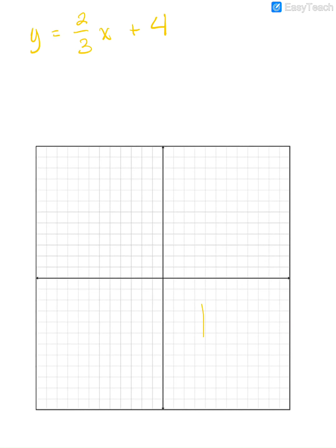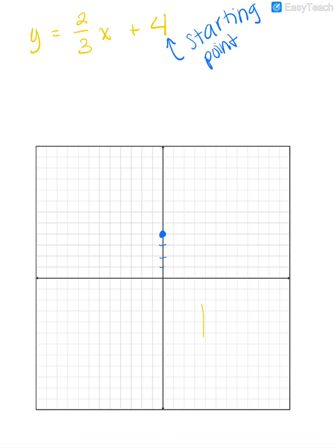It is also our y-intercept. So, we put that where y equals 4. So 1, 2, 3, 4. So that is where we are starting.